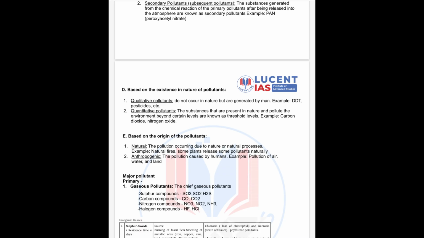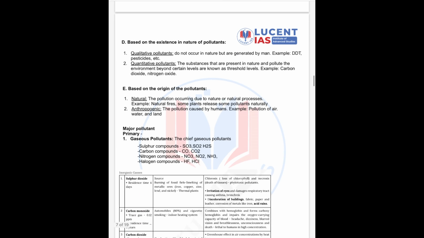Naturally they are present, but when they exceed certain limits they harm the atmosphere, like carbon dioxide and nitrogen oxide. Based on the origin of pollutants: natural, the ones present naturally, like natural fires; and anthropogenic, pollution caused by humans, of air, water, land.